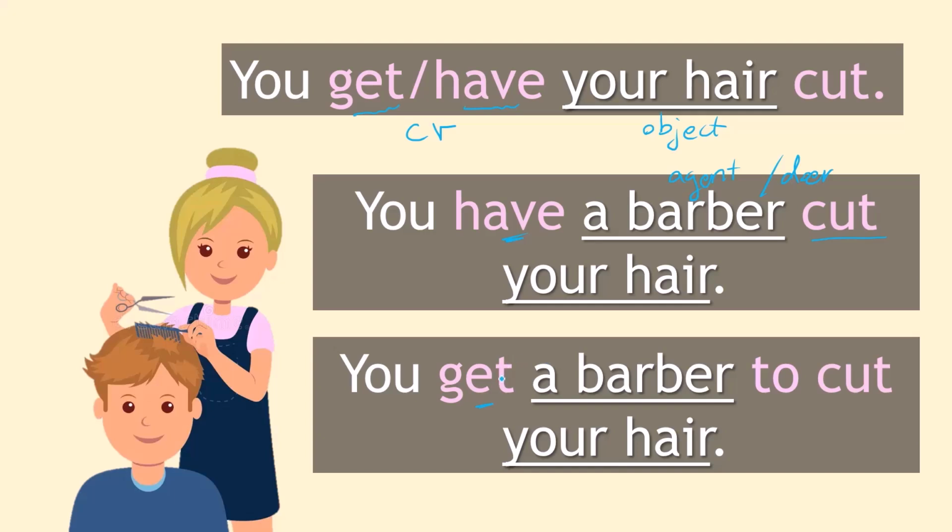But after get and the agent, you see to cut, which is an infinitive. So to plus base form of the verb. Don't worry, we are going to talk about the structure of causative verbs completely in the next slides. So now I want you to understand the general idea of causative verbs.